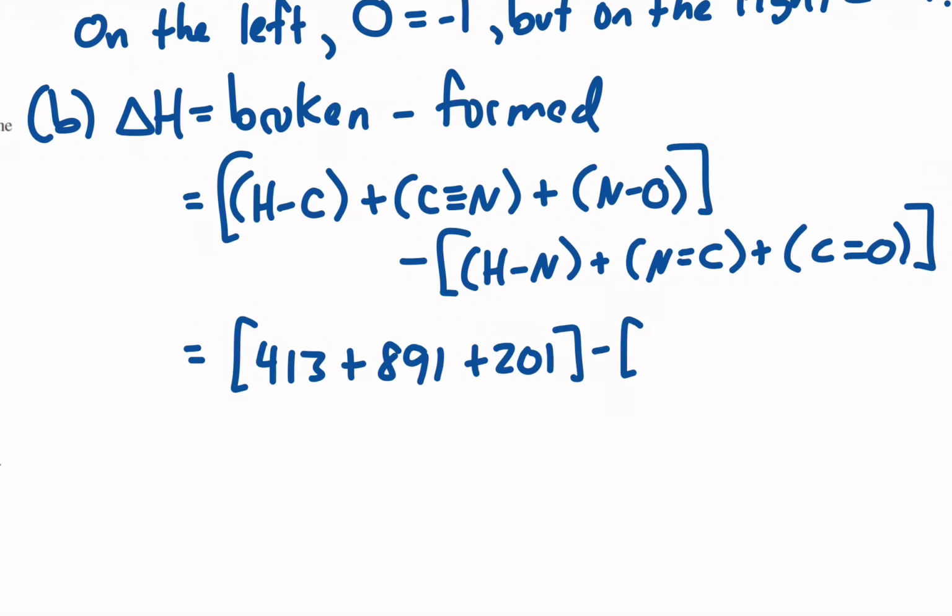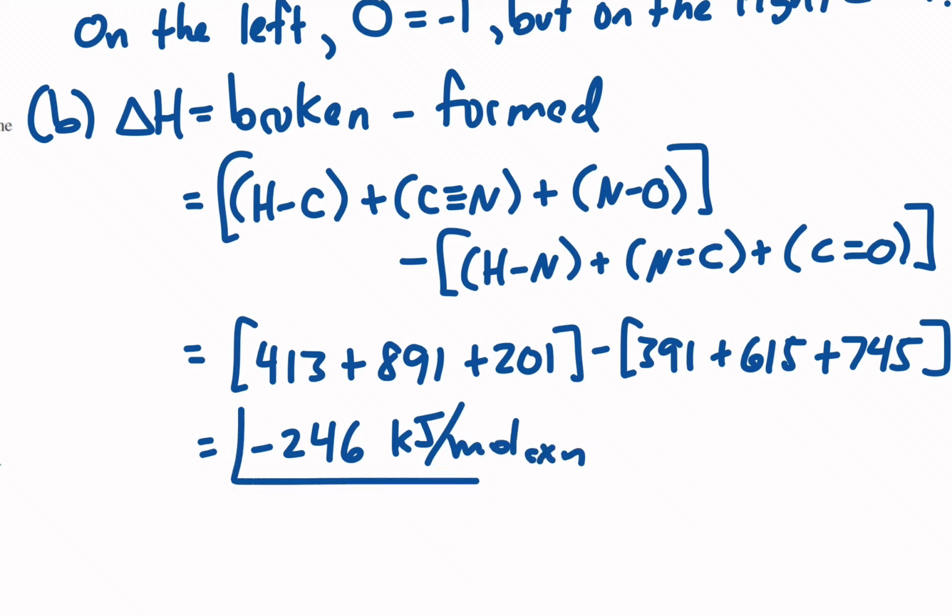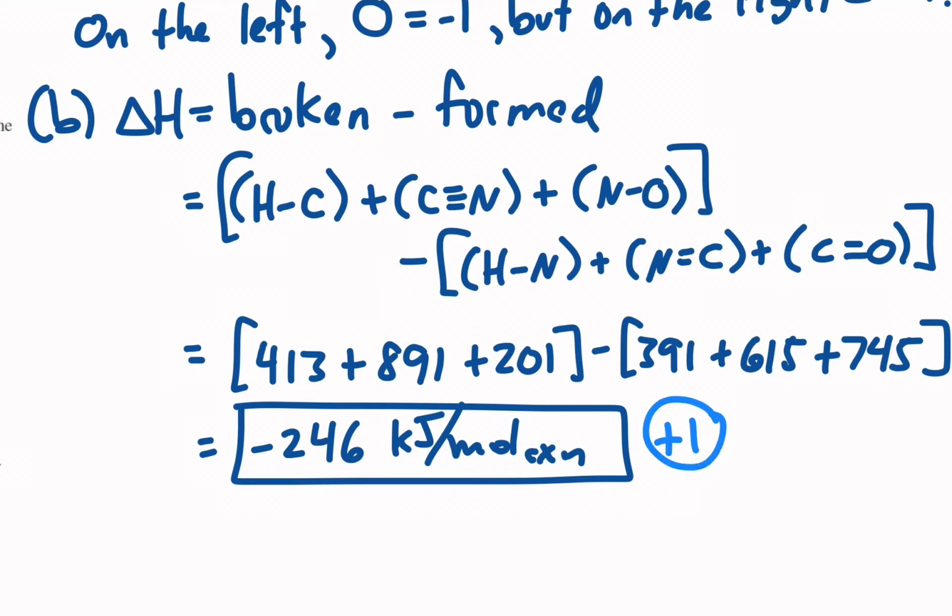And then we subtract the sum of the NH, 391, the CN double, which is 615, and the CO double, which is 745. And you get a numerical value of negative 246 kilojoules per mole of reaction. This is also a 2-pointer, 1 point for the correct numerical answer, and then 1 point for some work showing the method of bond energies used to calculate delta H.